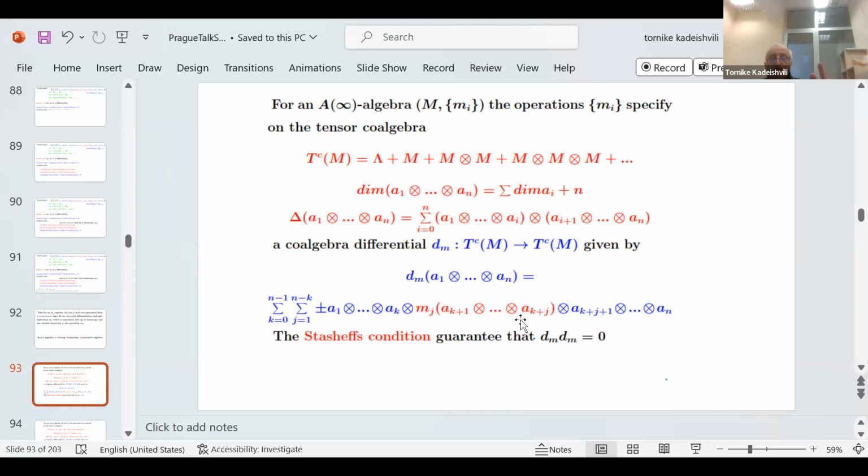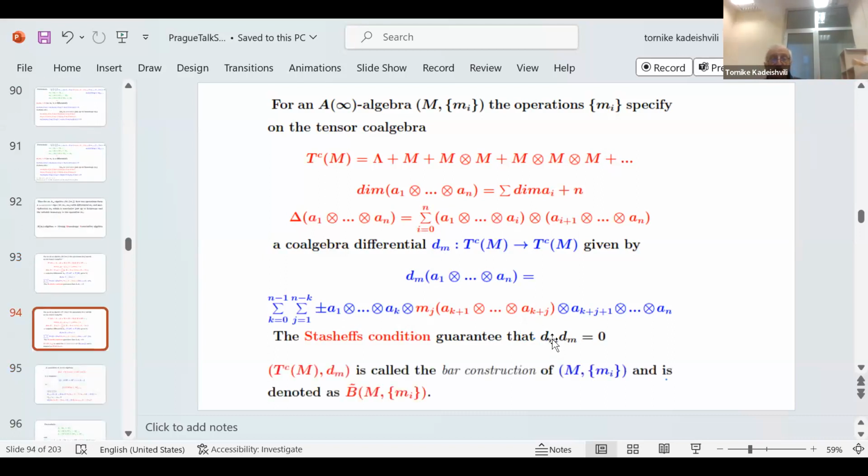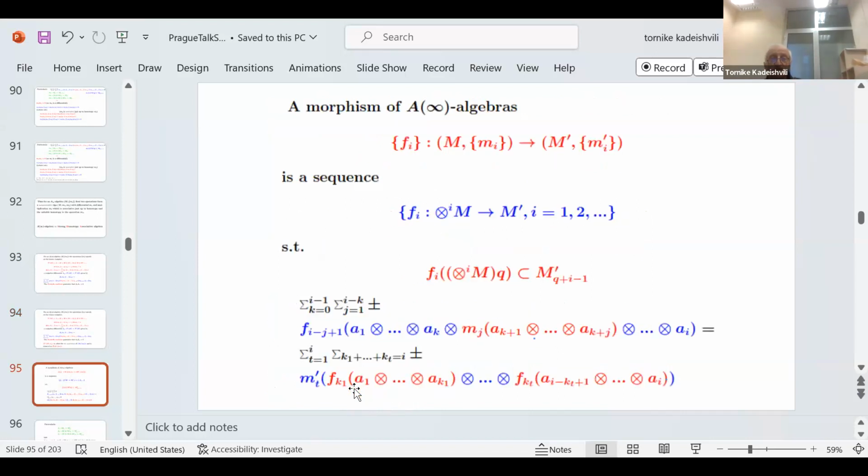And Stasheff's fancy condition guarantees exactly dM equals 0. And this is called the bar construction of M, but it is not the classical bar construction, but for A infinity. So bar tilde is such a notation.